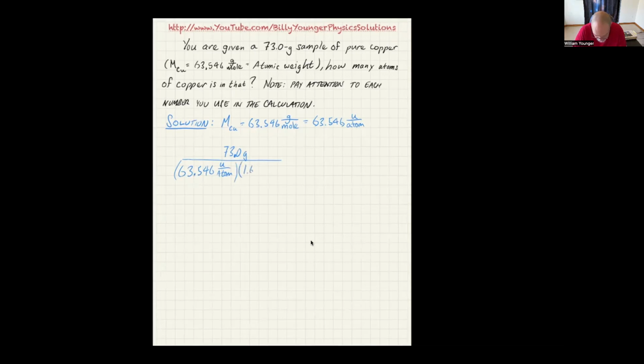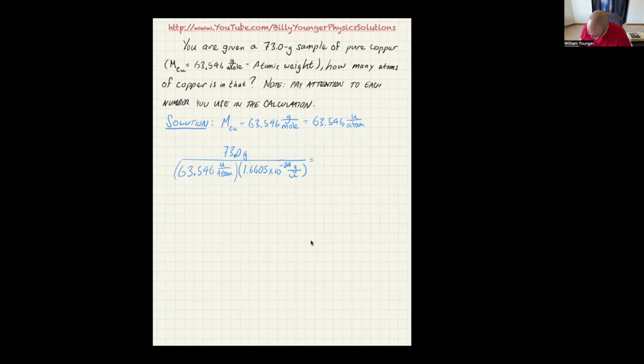So to convert the atomic mass unit to grams, I realize that 1.6605 times 10 to the negative 24th grams is equal to 1 atomic mass unit. So I'm going to take 73.0 and divide that by, and here I use parentheses in case you're rusty on your arithmetic and algebra.